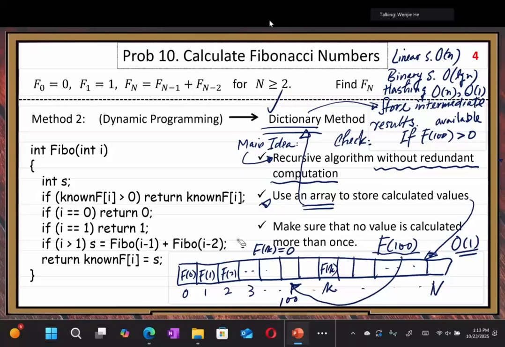To get its value is straightforward. We get to the location immediately. So this is already the lookup step. If known F of I is greater than 0, it's true, because it is already calculated. Don't do the calculation, so you return the value directly. No calculation, just return it.